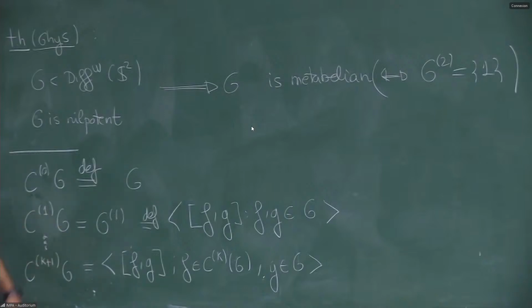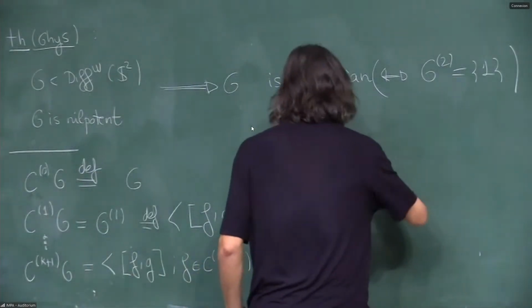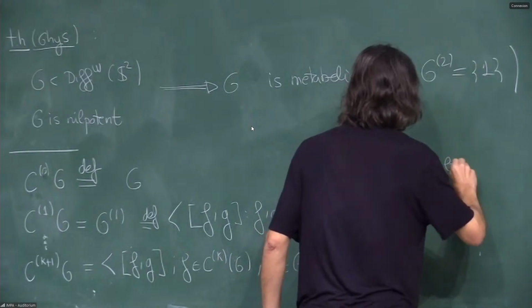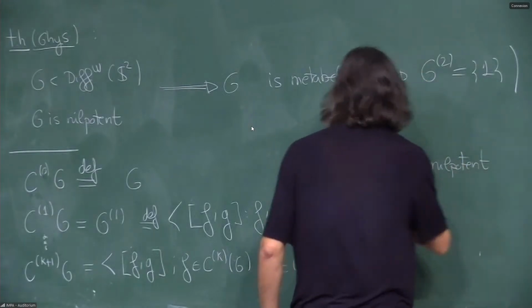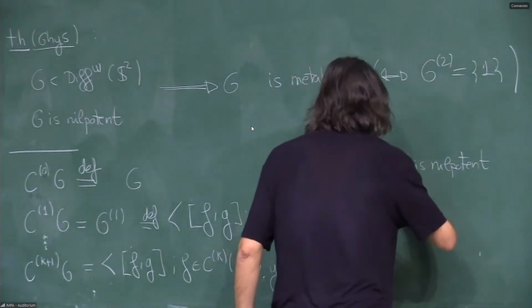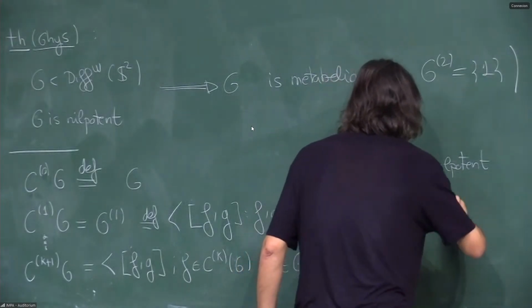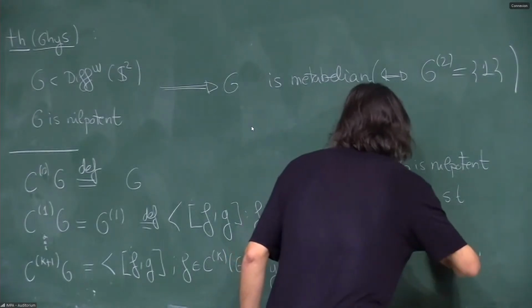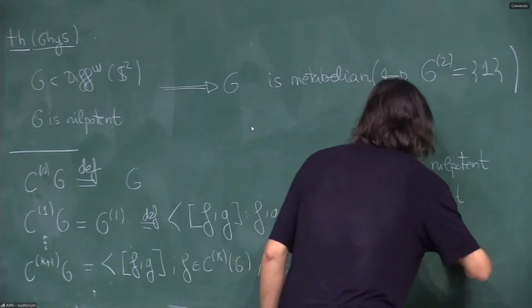And you say that it's nilpotent, by definition, if there exists some k such that the kth group is trivial. Okay?